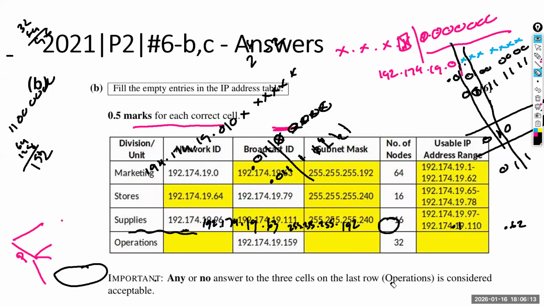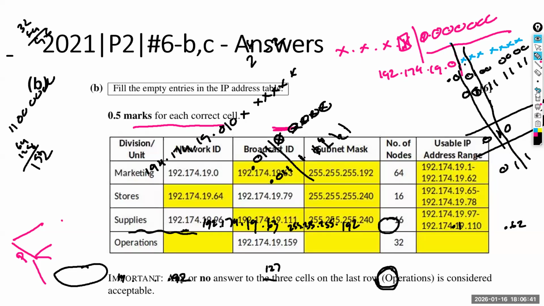If no answer is given or any answer, it's considered acceptable because it's the examiner's issue, right? Because this is not actually 159. So we calculated and we found that that is not 159. Therefore, the examiner has given marks to all the students for the last row. That is the examiner's issue, okay?